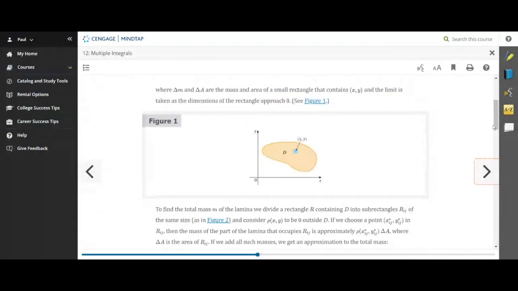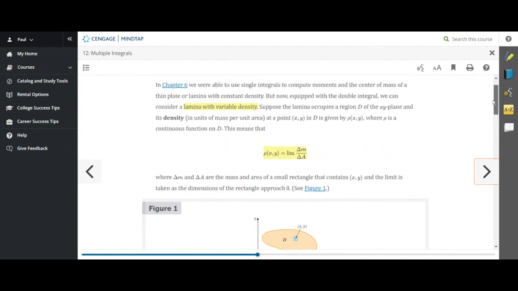in figure 1. So there's a lamina, and there's a point on the lamina. And if you think about a lamina with variable density, the density of the lamina changes throughout the region.